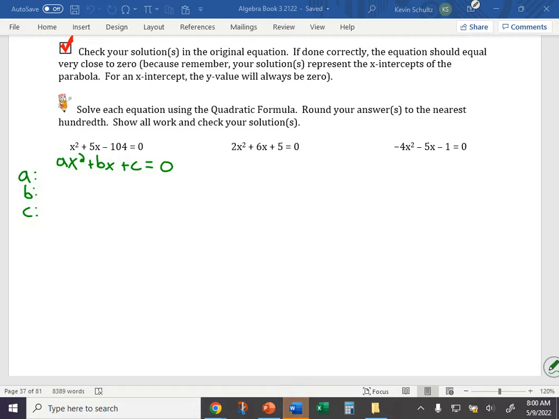So identify those first. Our a value in this equation is what? 1. That coefficient to x squared, which isn't written, so it means it's a 1. Our b value is 5. And our c value is, well done, negative 104. Okay?